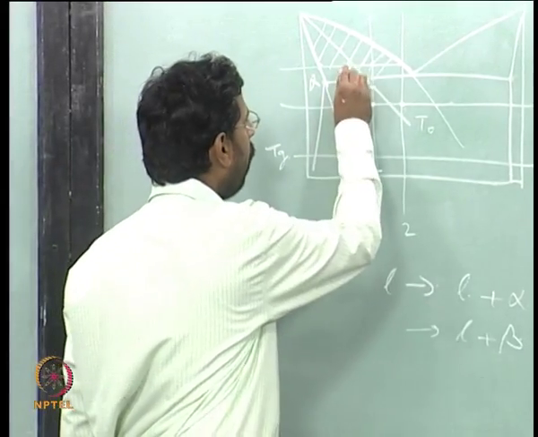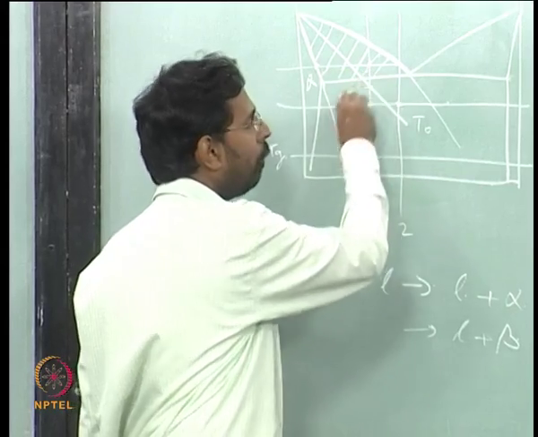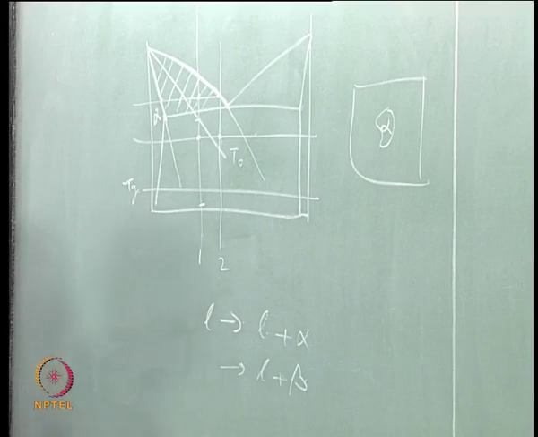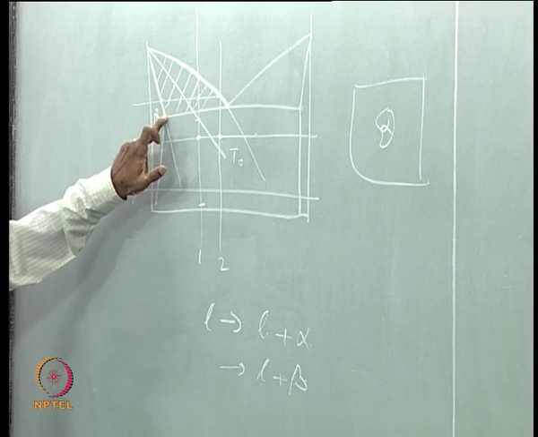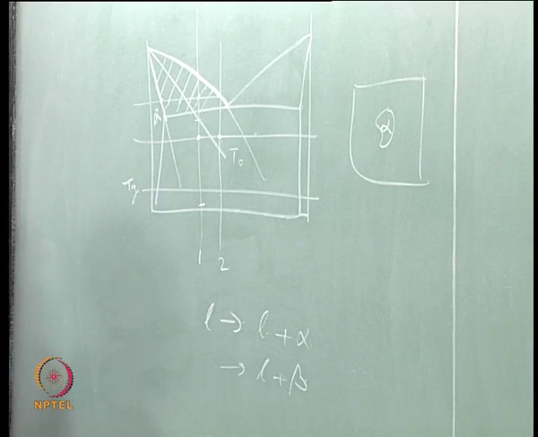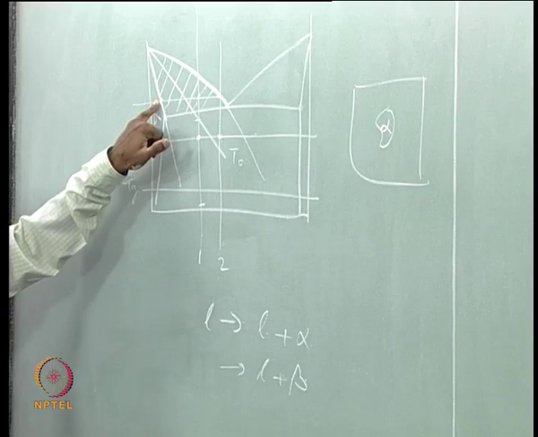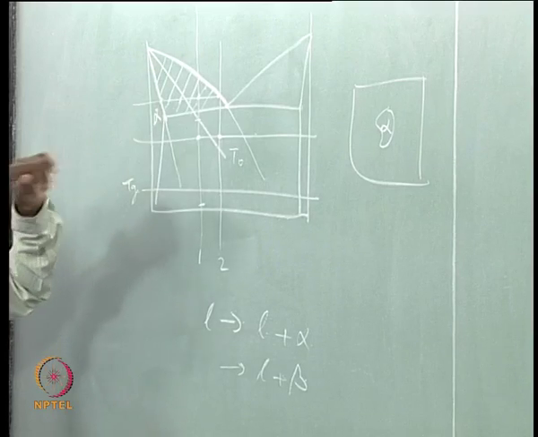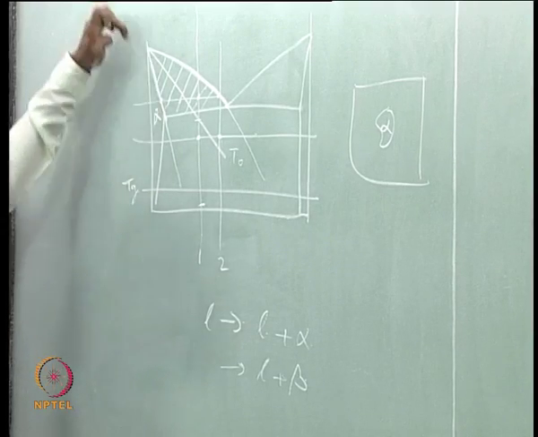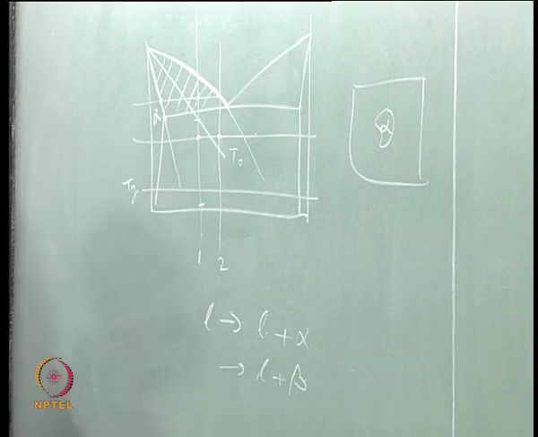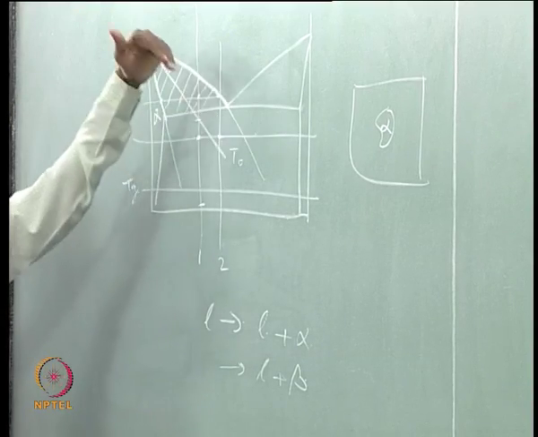And so, if I want to know what is the composition of alpha that can be in equilibrium with liquid, it is only this composition, because if I draw the free energy curves, the common tangent between alpha and liquid tells me the composition for the alpha, and this tells me the composition for the liquid.